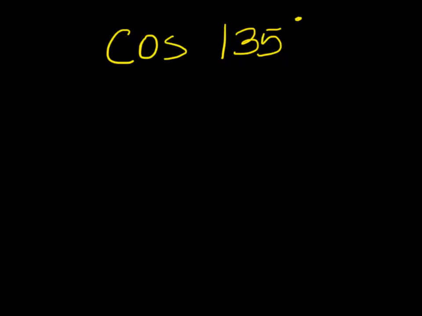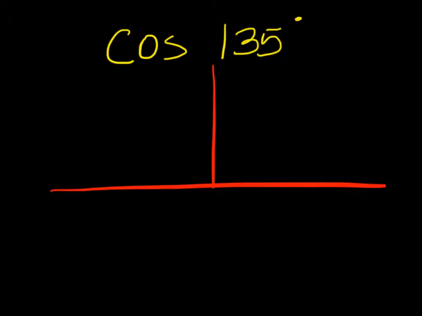If you wanted to do cosine of 135, you should recognize that you end up in the second quadrant out here. 135 degrees is 45 degrees away from 90 and 180, so it's directly in the middle, giving you a reference angle of 45.